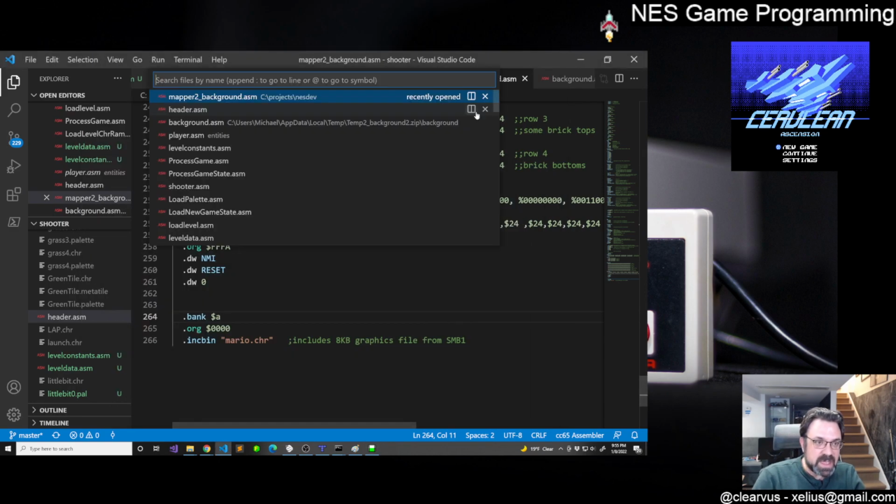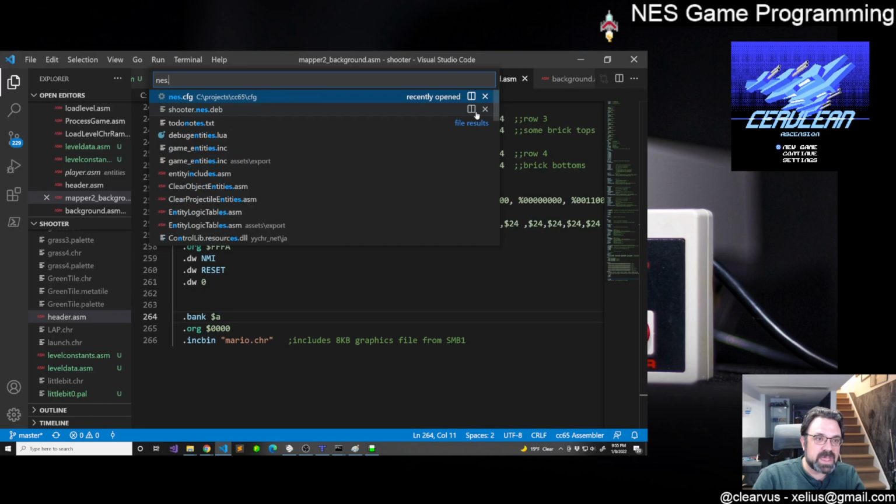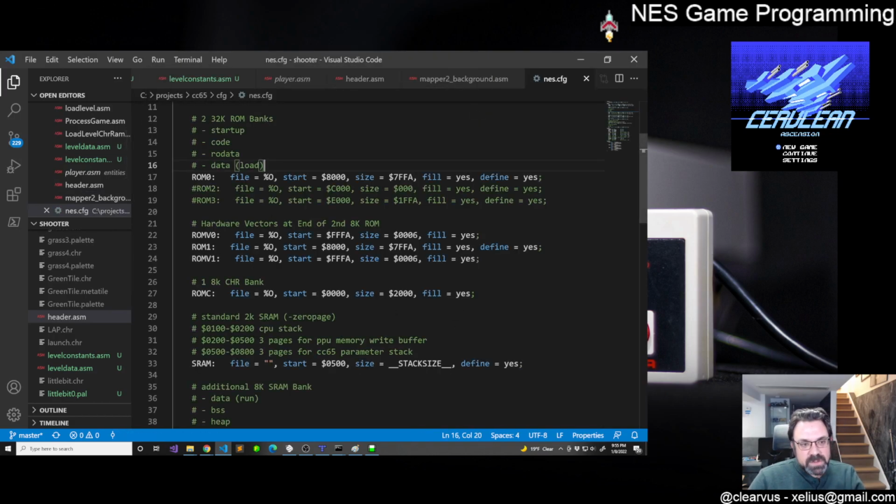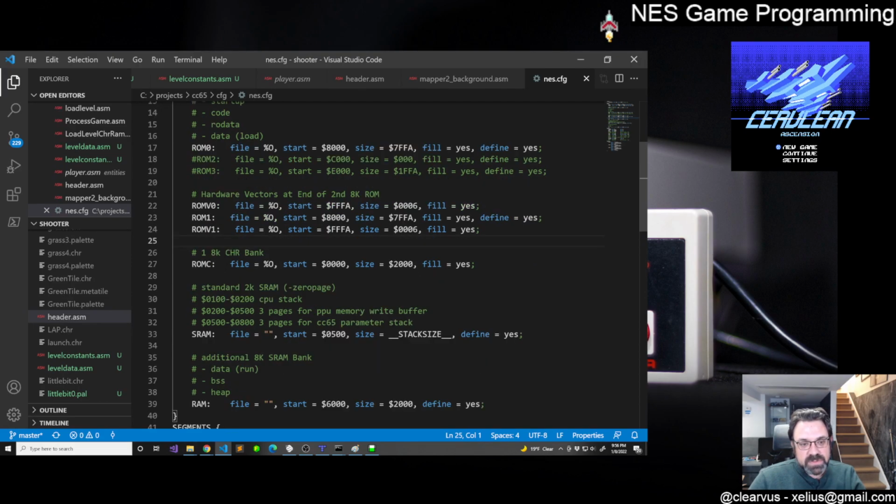In CA65, let's see if I have it. You can see we have for our code here the ability to define things like the character bank here starts at 0, ends at 2000. It's an 8K character bank.